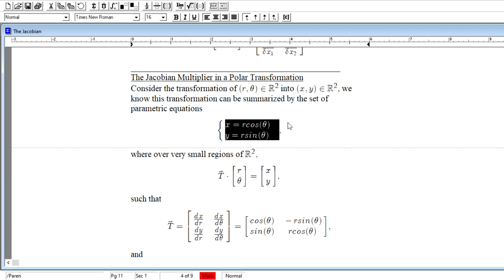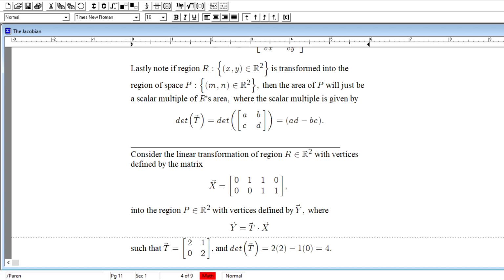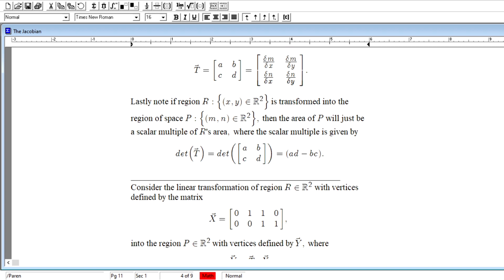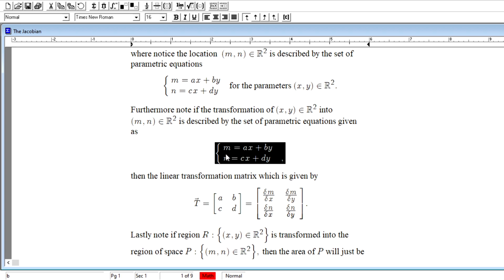One thing you will note is that this is not quite what we have established up here for linear transformations. This is not quite what we see going on here.